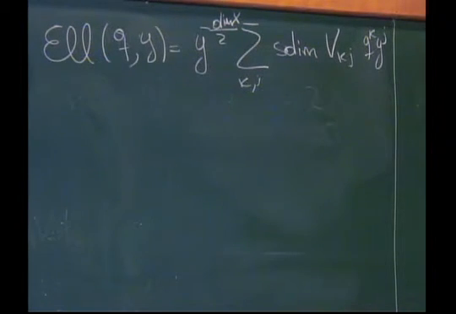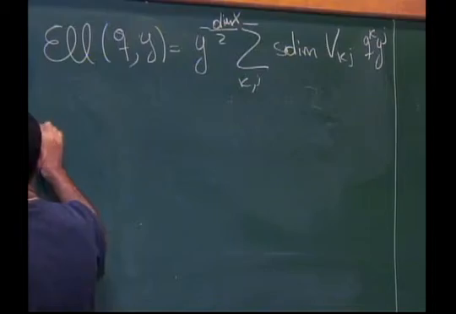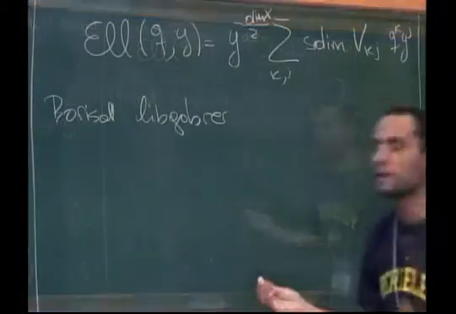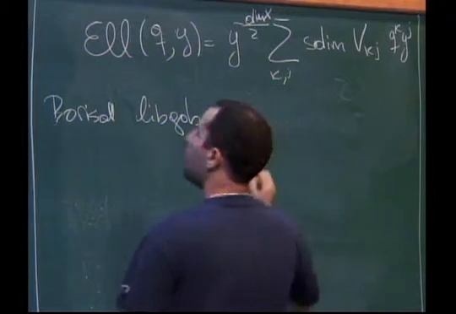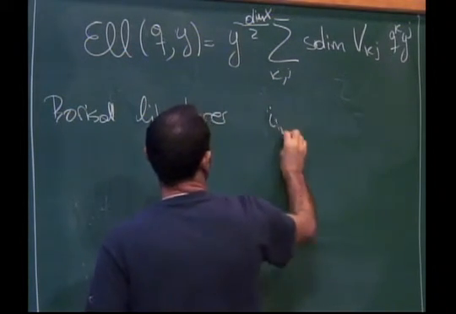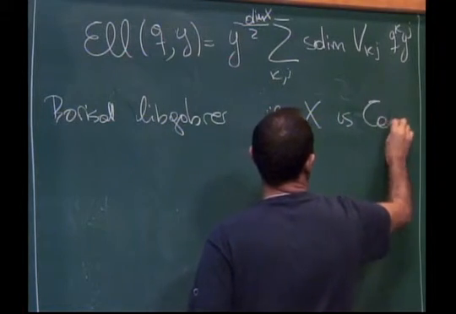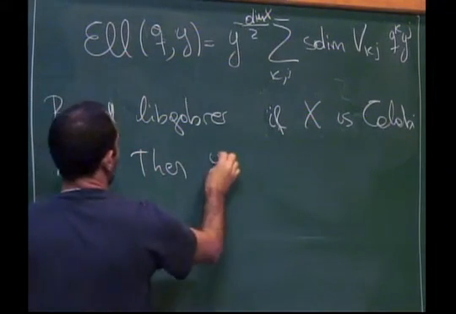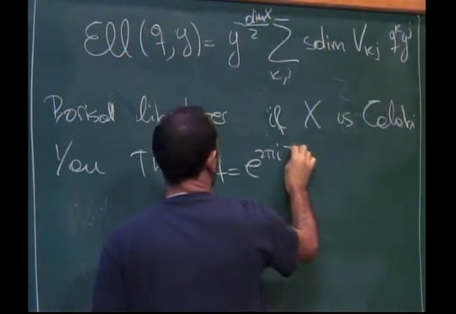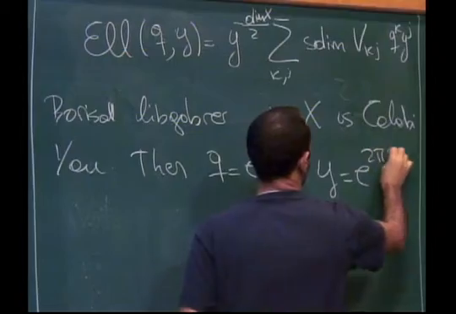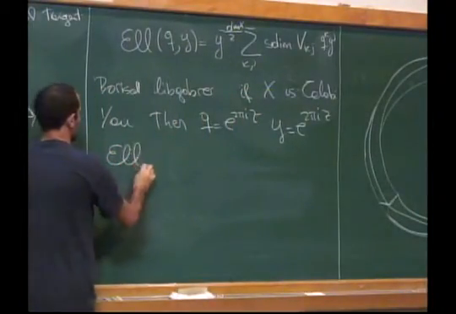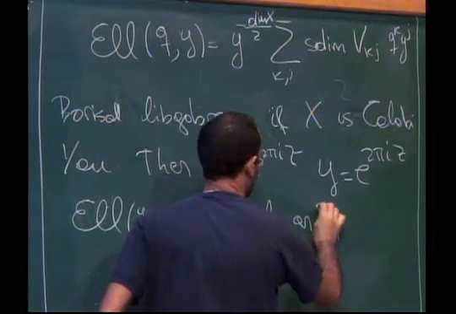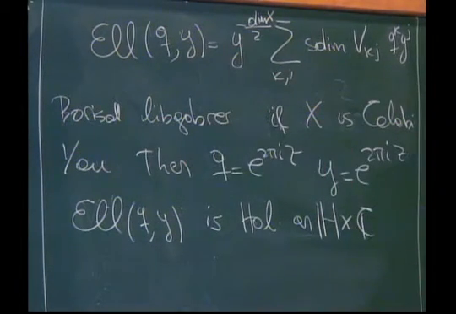And the theorem, I'm going to give Borisov and Libgober as reference, because they wrote this down in connection to a vertex operator algebra, which is what I'm interested in, is that if X is a Calabi-Yau manifold, in particular if X is a K3, then if you write down Q as e to the 2 pi i tau and Y as e to the 2 pi i z, then this converges. L(Q,Y) is holomorphic on the upper half plane times C. Tau is in the upper half plane.